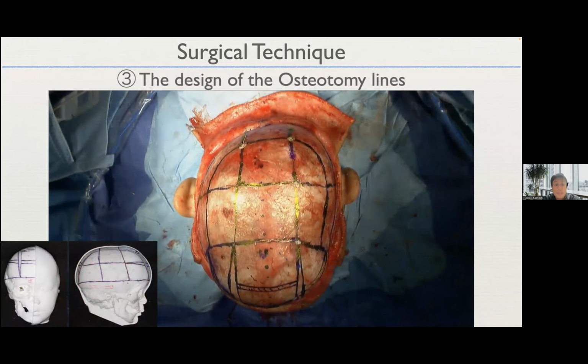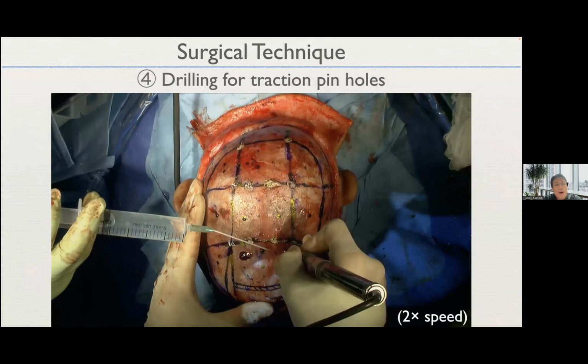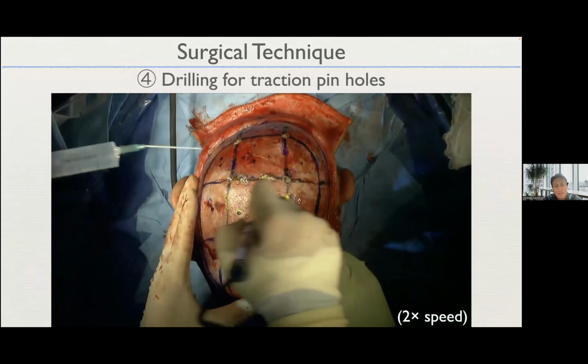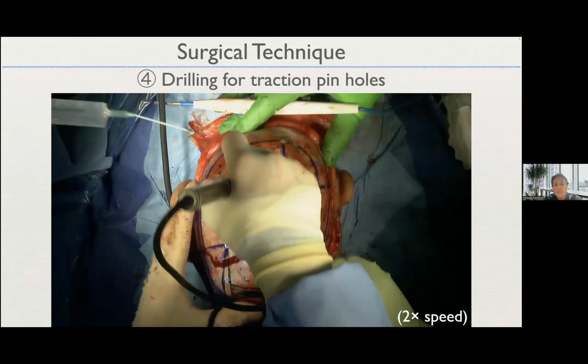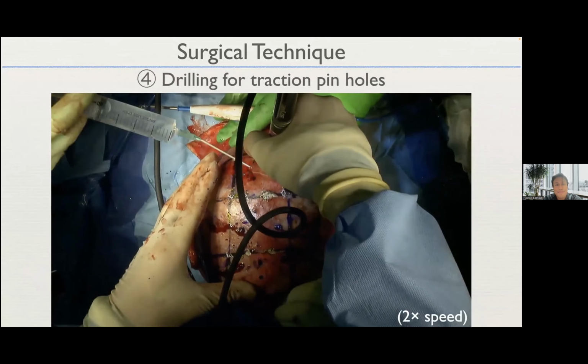The design of the osteotomy line. In reference to the incision line designed with a 3D model, we designed the osteotomy line. We make 1 or 2 holes in the single piece of bone.